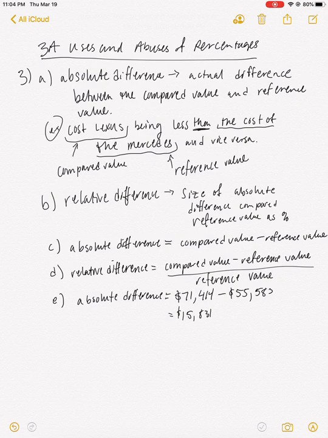And so the relative difference is equal to the absolute difference, which is going to be 15,831 divided by, not the compared value, but the reference value. We're referring to Idaho here, so put that one there.